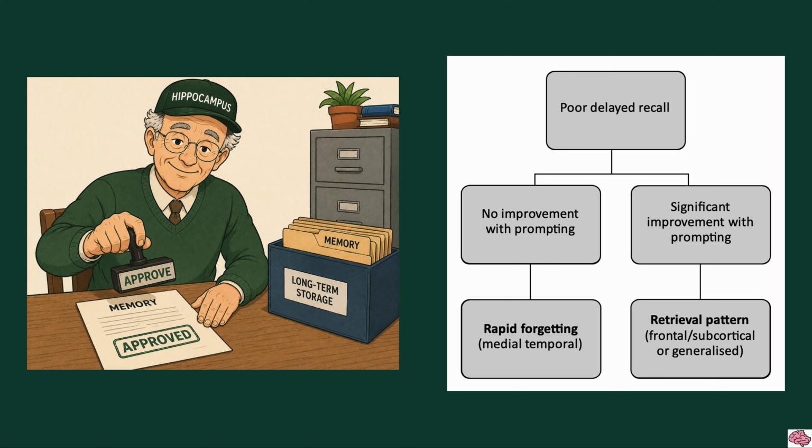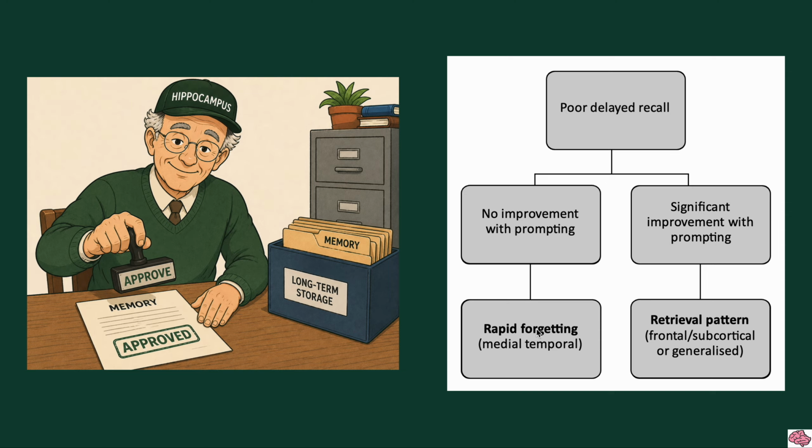To bring this all together, though, I like to think of the hippocampus, the primary memory structures, as playing a role where they have to rubber stamp memories before they're approved for long-term storage. If the hippocampus isn't working properly and this approval process can't occur, then the memory can't be put into long-term storage and it just kind of dissolves, or maybe it's put into the shredder and is rapidly forgotten.